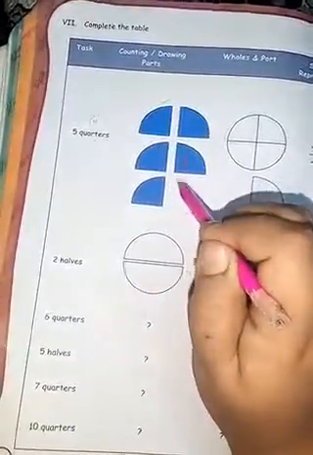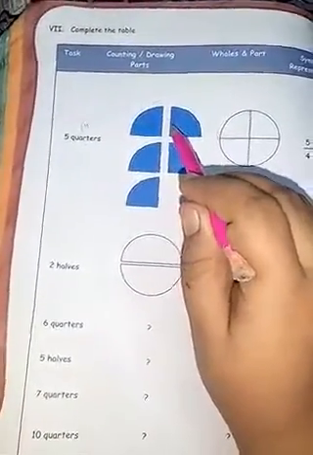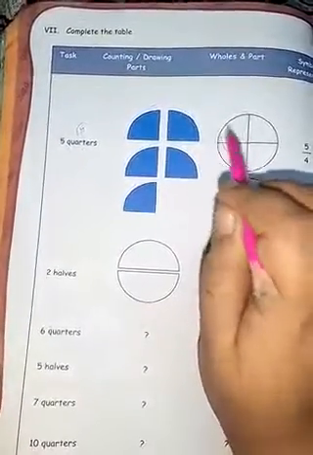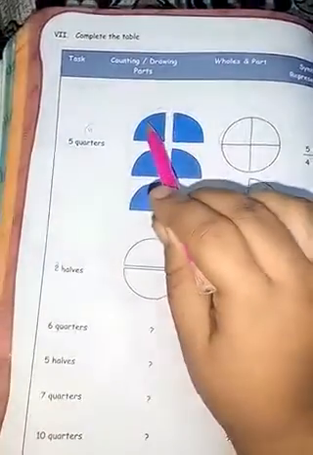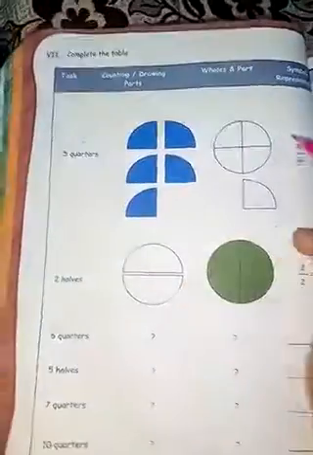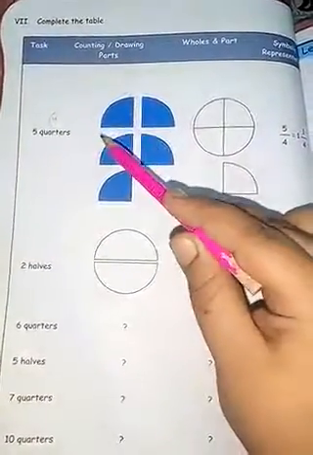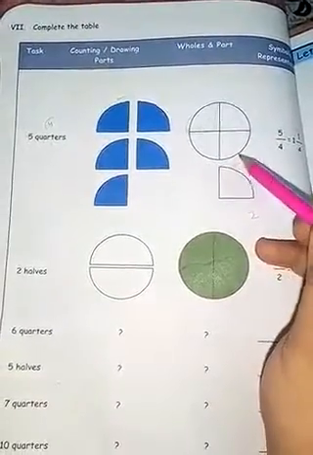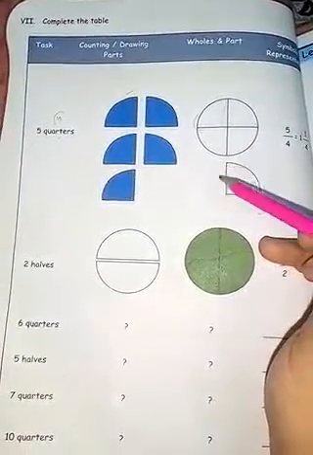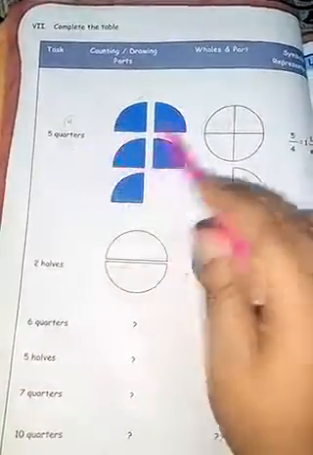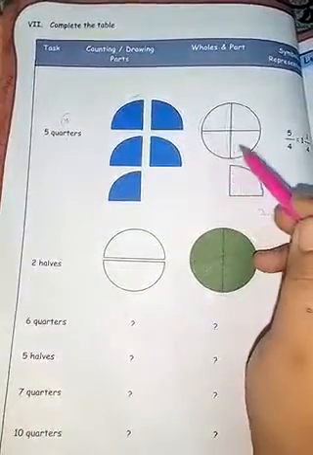These are 5 quarters, which means we have 5 fourth parts of the circle. So when we draw 5 quarters, it means the whole circle and the fourth part of another circle: 1, 2, 3, 4 and 5.